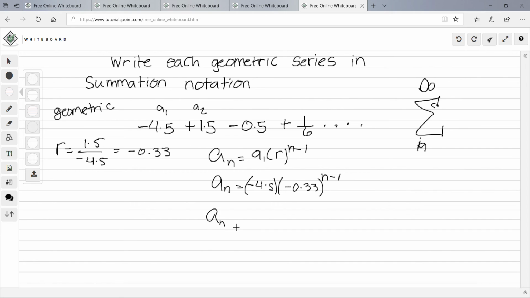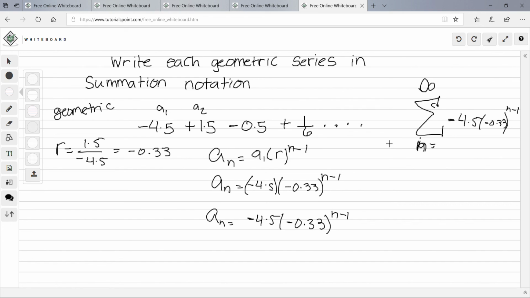So our nth term is negative 4.5 times negative 0.33 to the n minus 1. So it's going to look something like this. Okay, but we don't know what n starts at. Let's play the guess and check game.